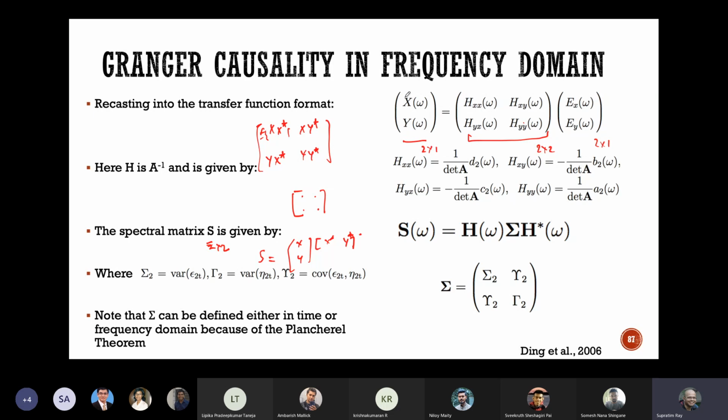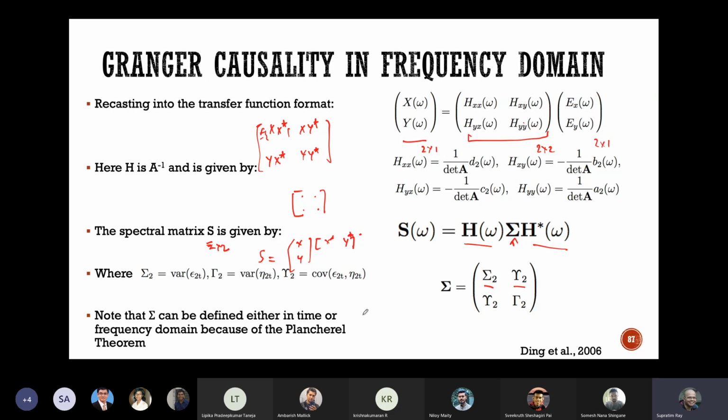So when I look at its conjugate, it's just going to be X, this, and its conjugate here, and then the conjugate of H. So H, this, and this thing is nothing but EX star, EX, the auto and the cross spectra in the frequency domain.